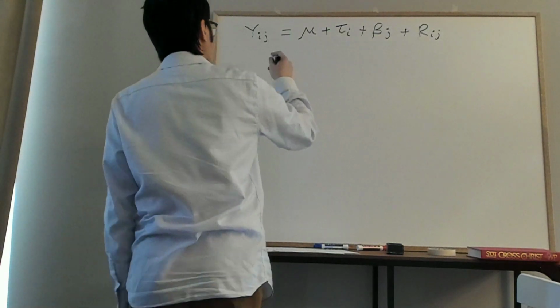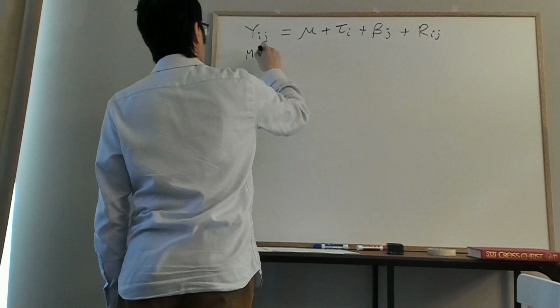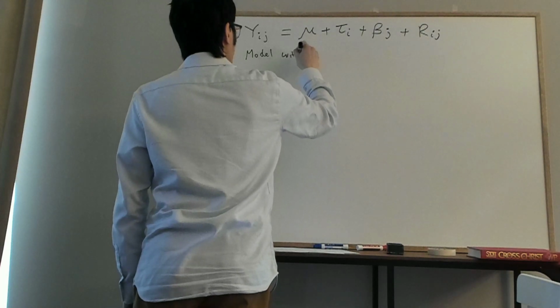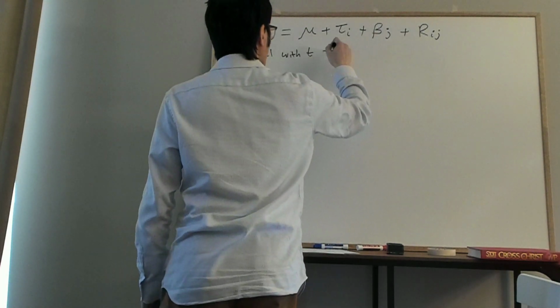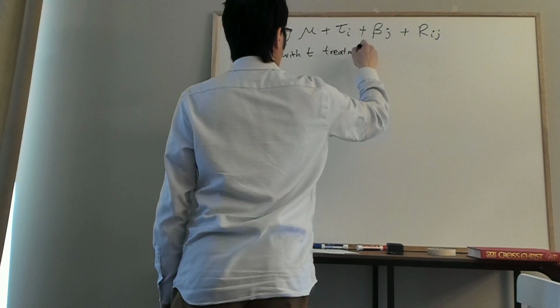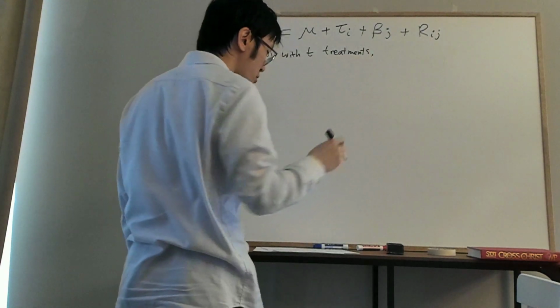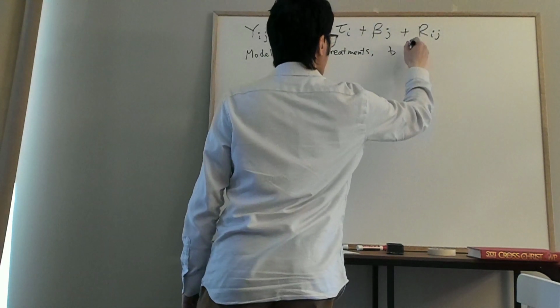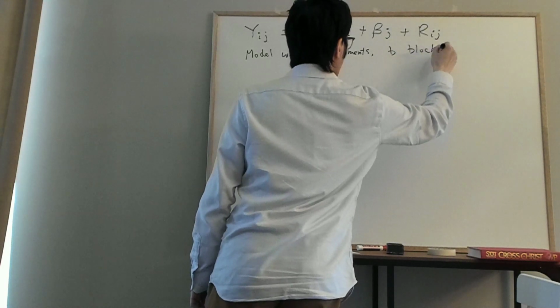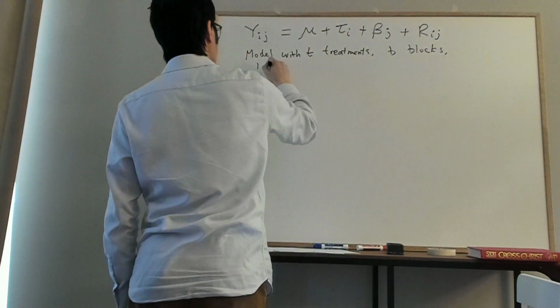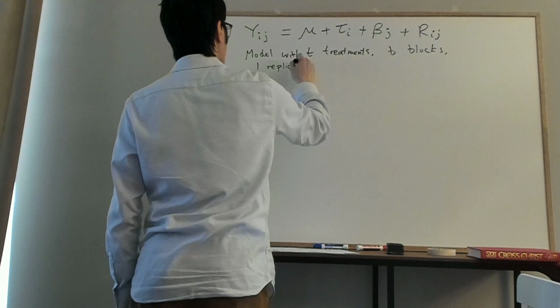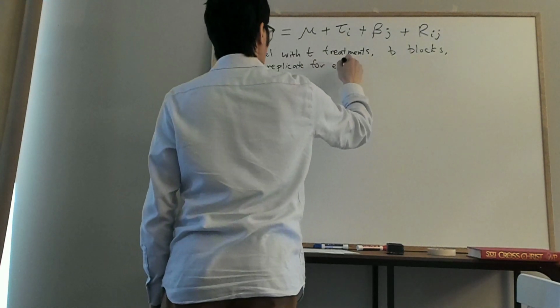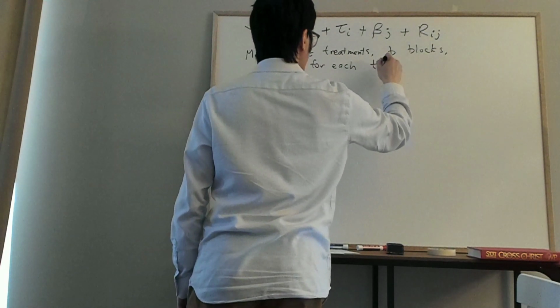So this is our model with T treatments, B blocks, and 1 replicate for each treatment block combination.